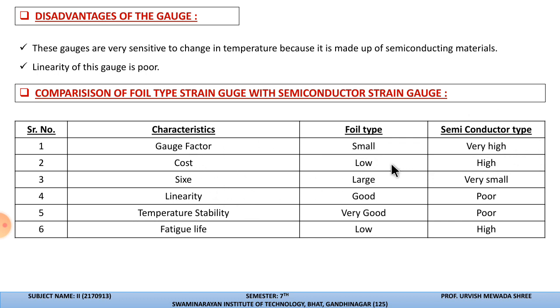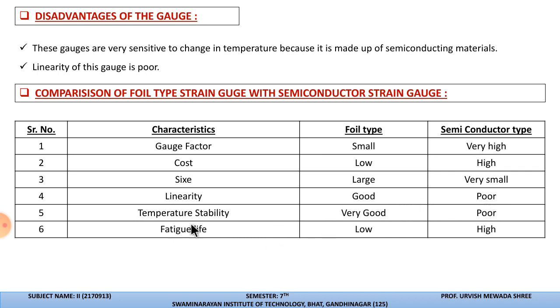Cost is low for the foil type and high for the semiconductor type. Then temperature stability is very good for the foil type, and for the semiconductor type it is very poor. Linearity is good for the foil type, and for the semiconductor type it is poor.